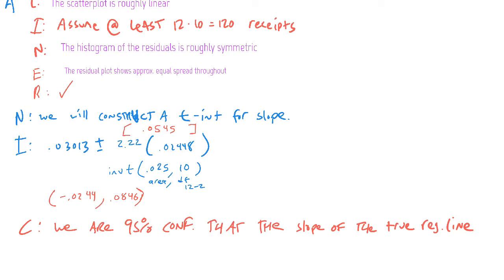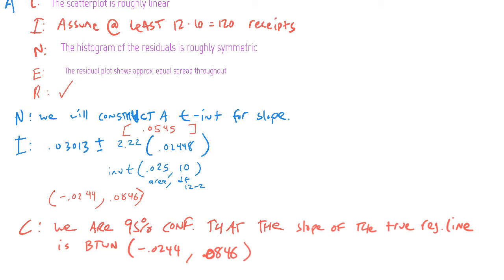Technically, to get your context, you really should say relating these two things, stay length and tip amount. We are 95% confident that the slope of the true regression line is, well, actually, I guess I say that the interval captures the true slope, so is between, and then I would just list my interval.